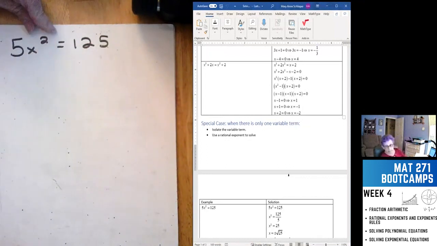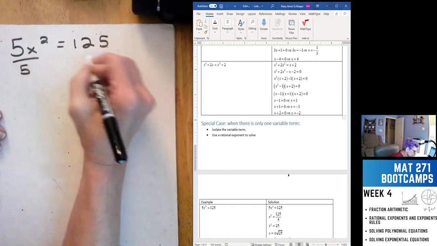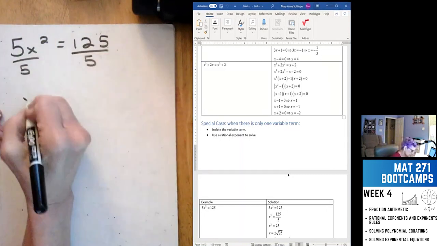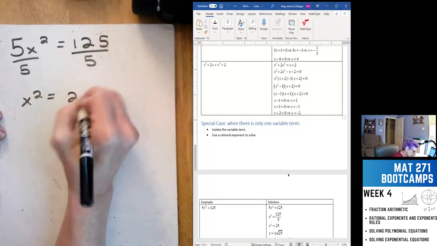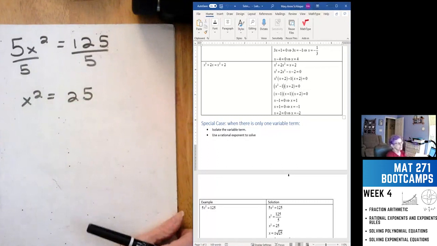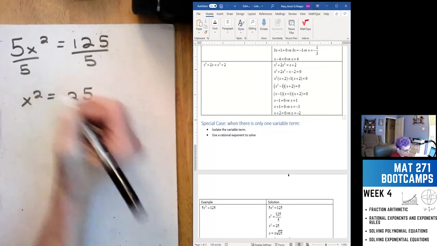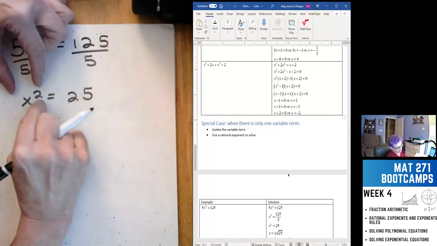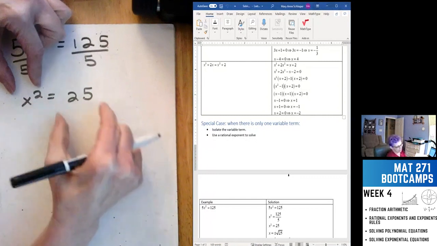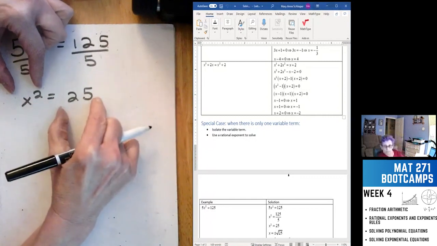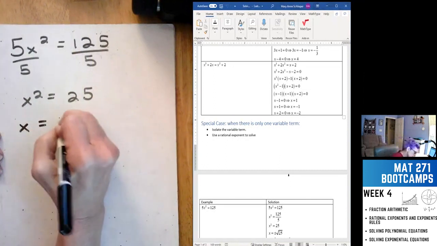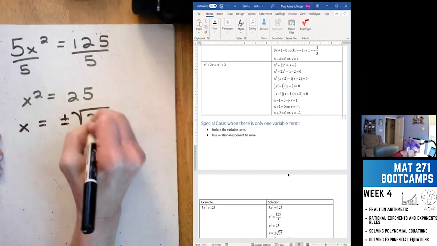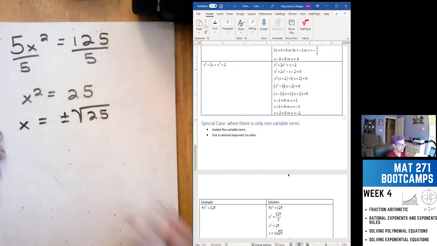So we get the thing with the exponent all alone. Five goes into 125 25 times. So then since I have a squared over here, I'm taking the square root of both sides. X is equal to plus or minus the square root of 25.